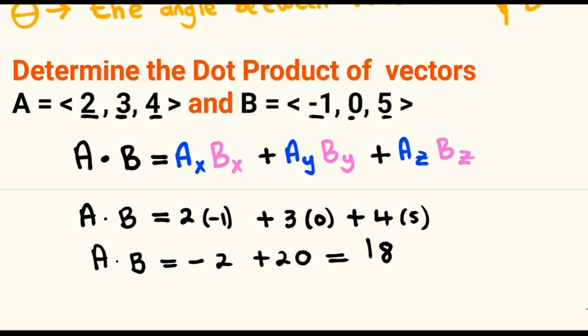The result of this dot product of two vectors is a scalar.